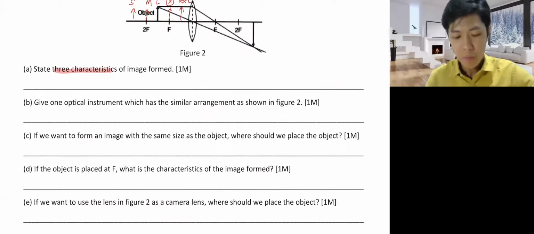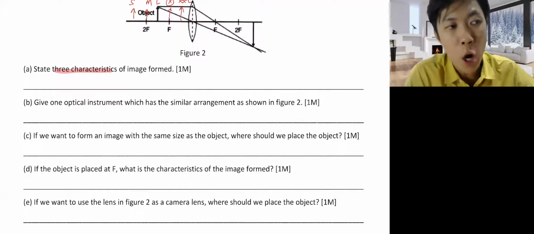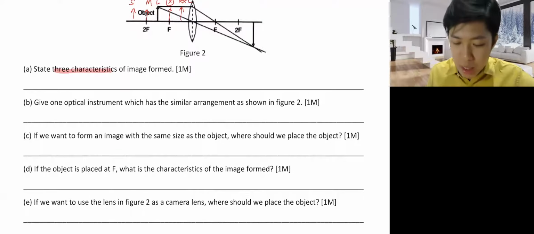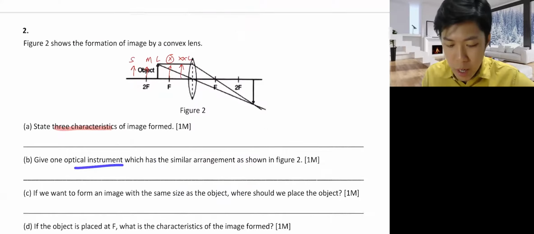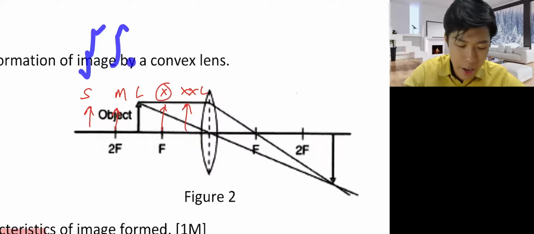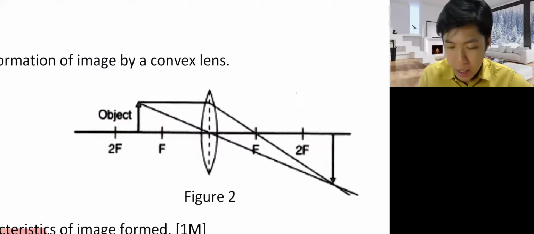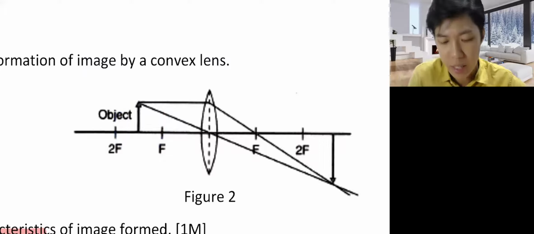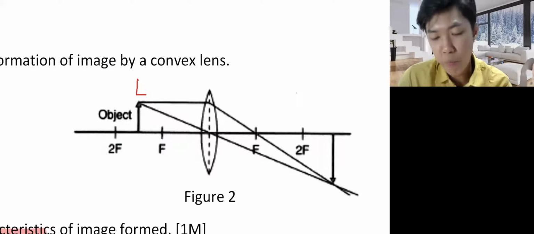Okay, let's go to B. Give one optical instrument which has the similar arrangement on the figure above. Remember the one that I wrote here. If we are talking about between 2F and F, this is the third one, right? Larger. For what optical instrument?